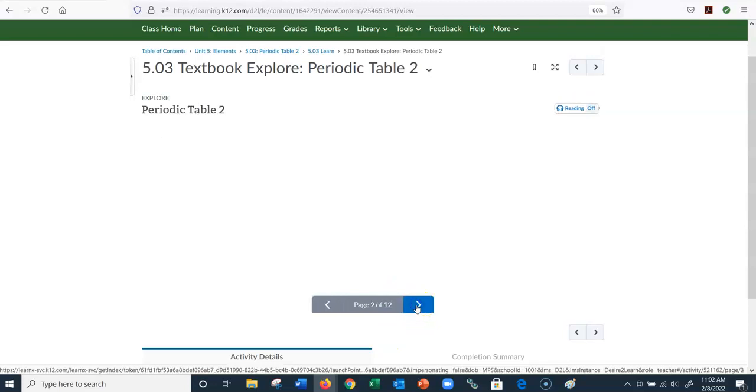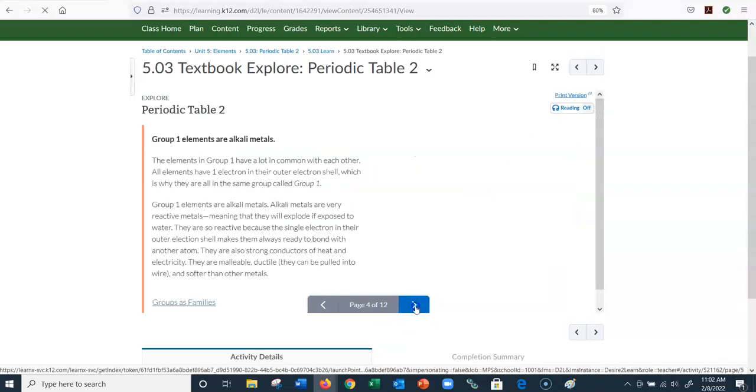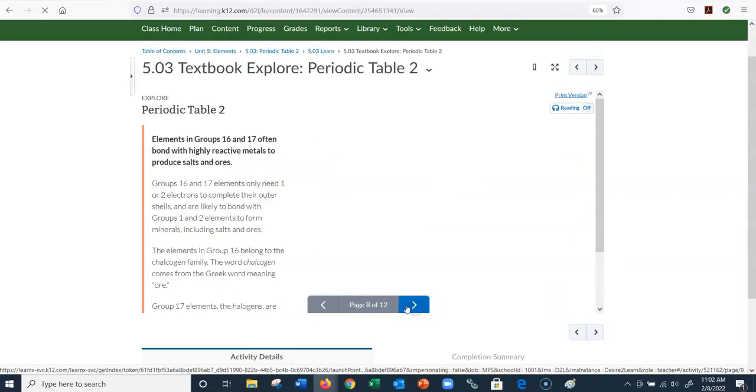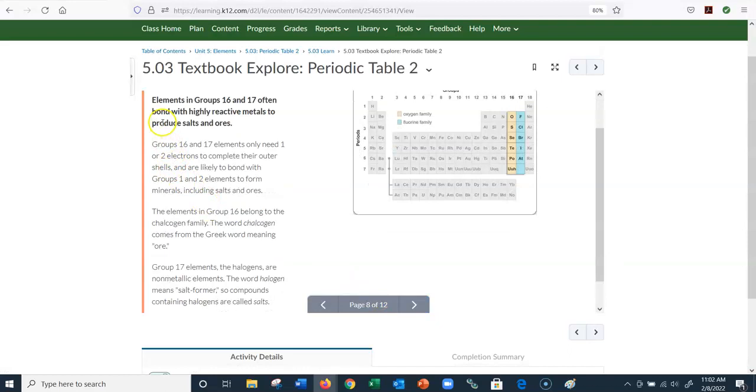So as this page loads, we'll go all the way to page 8. There we go. And you can see that we have groups 16 and 17. And it tells us they only need 1 or 2 valence electrons to complete their outer shell, meaning they've got 6 or 7 in there, right?